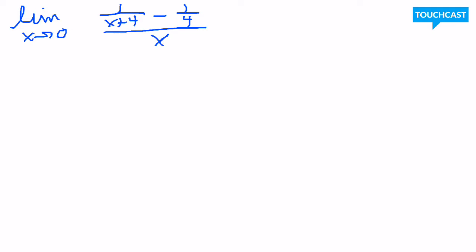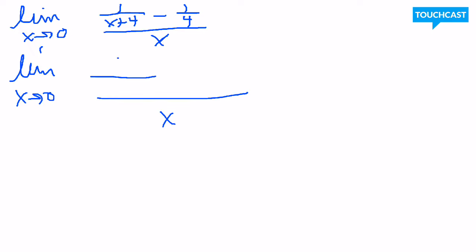So one way to think about this, that's the same as the limit as x goes to 0. I'm going to make this even bigger. 1 over x plus 4. In order to do this, I'm going to need one fraction in the numerator and one fraction in the denominator. My denominator looks like it's already in pretty good shape.